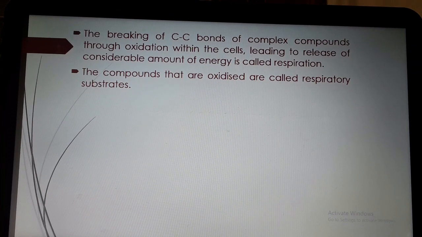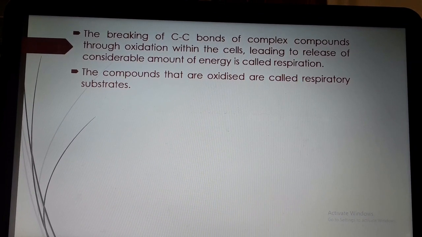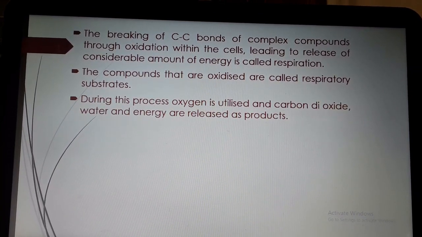The compounds that are oxidized, for example glucose here, are the respiratory substrate. During this process, oxygen is utilized and CO2, water and energy are released as products.